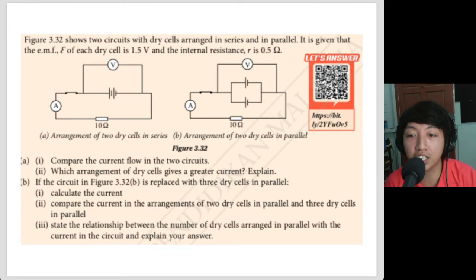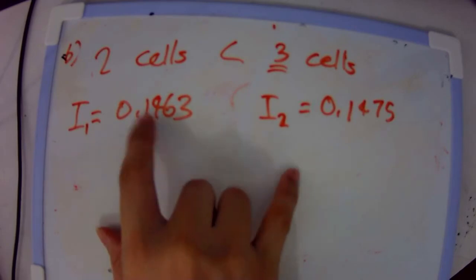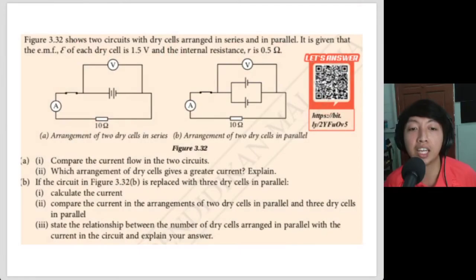So the third question is state the relationship between the number of dry cells arranged in parallel with the circuit and explain your answer. So based on the calculations that we just did, berdasarkan pengiraan yang kita sudah lakukan tadi. Okay.